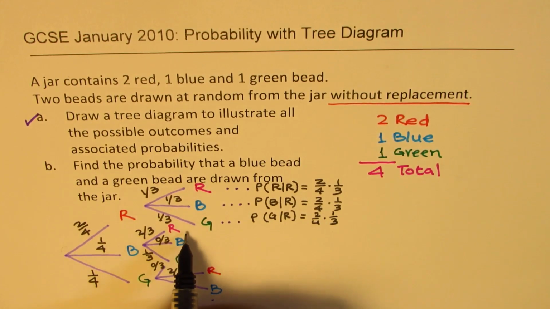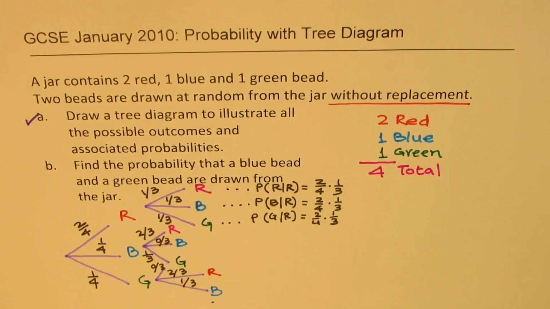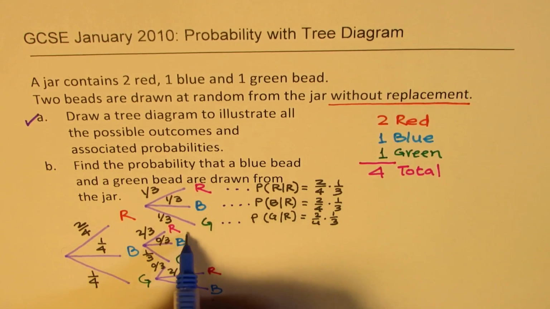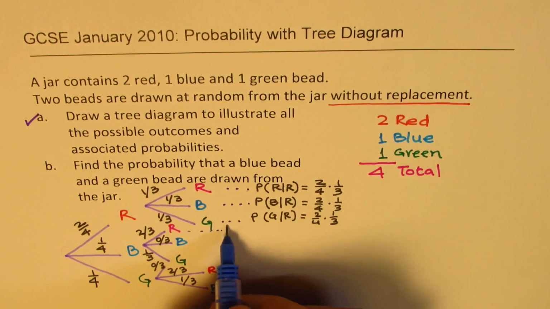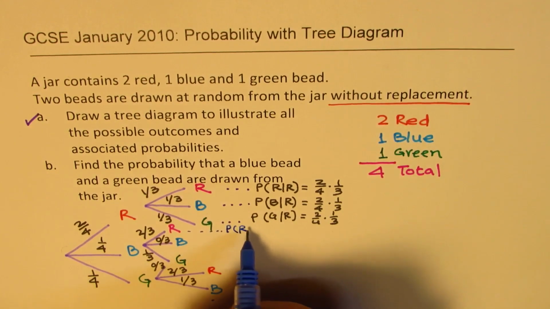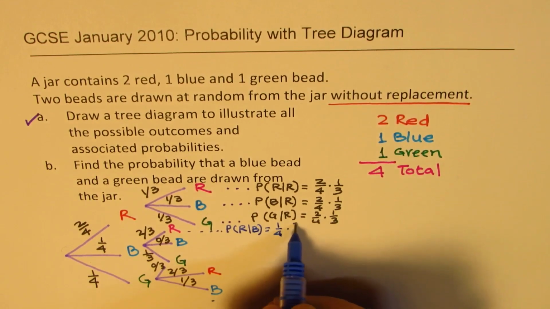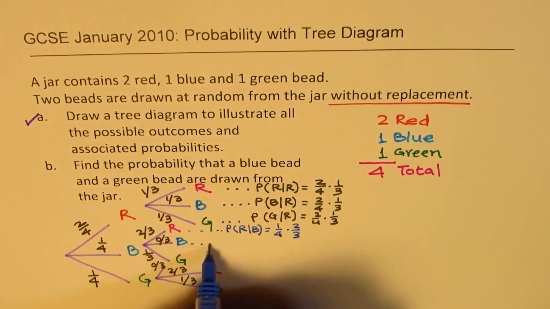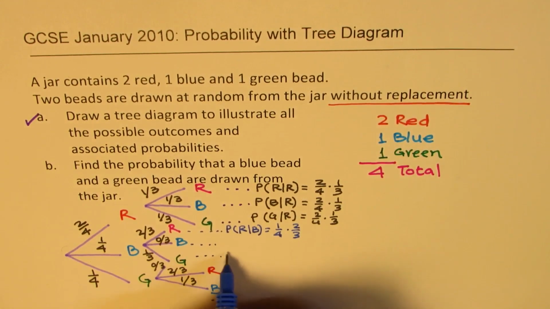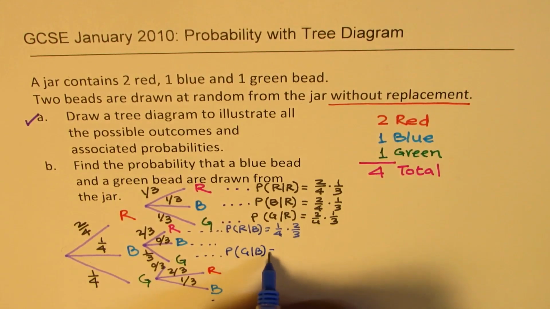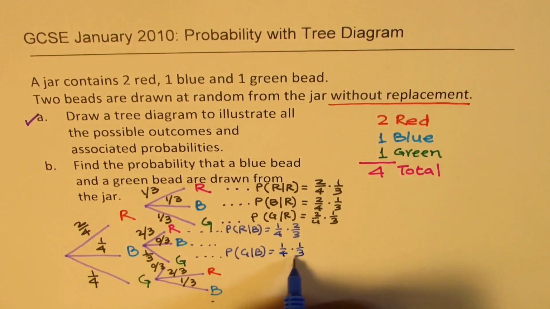Now in this particular case, let me use a different ink now since this is going to be very congested. Okay, so we're talking about probability of red when we know that we got blue earlier is 1 out of 4 times 2 out of 3. Now this is 0, so we'll not write this. Probability of green when we got blue earlier is basically 1 out of 4 times 1 out of 3.